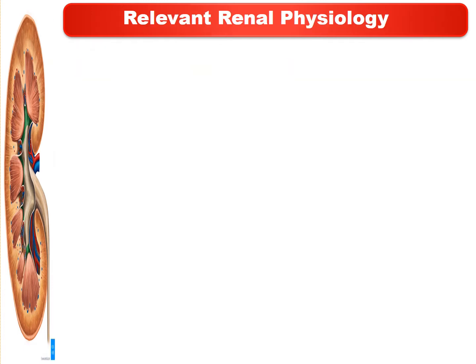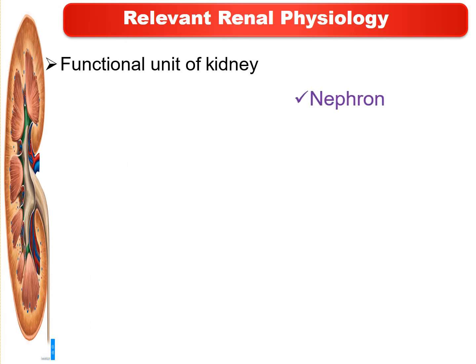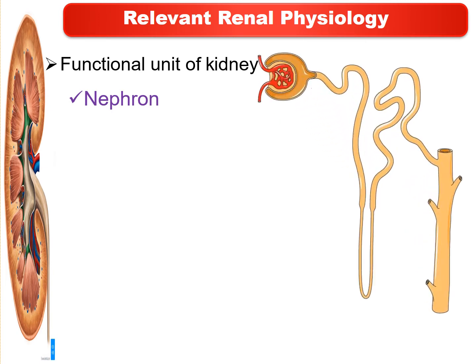So, for revision purposes, I summarized the parts and the physiological role of the nephron through this animated diagram. The functional unit of the kidney is the nephron, and this nephron is composed of the following parts.